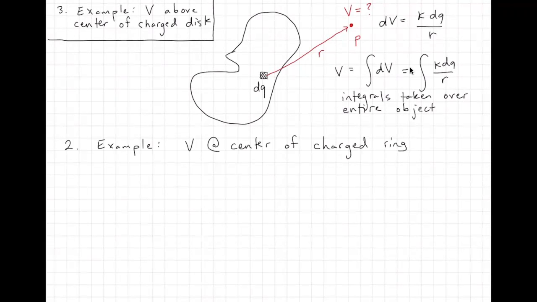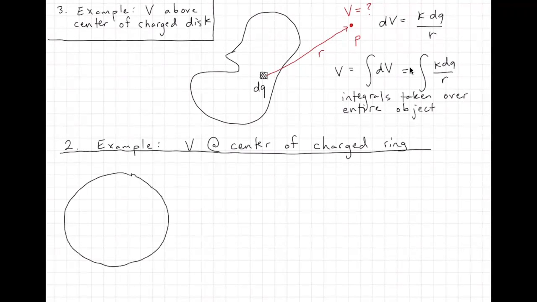Okay, so what does that look like? That looks like I've got a ring, and the ring looks like this. It's a ring, not a disc, so there's no area here. It's just a one-dimensional ring looped into a circle. And I'm going to give this some radius r.